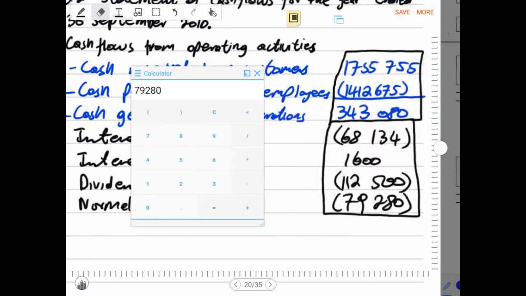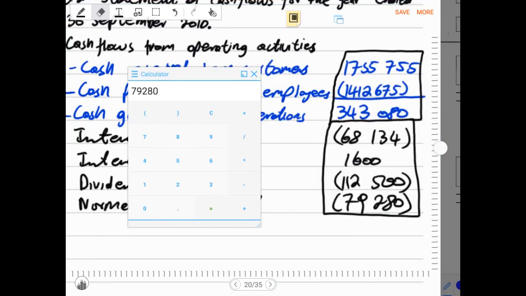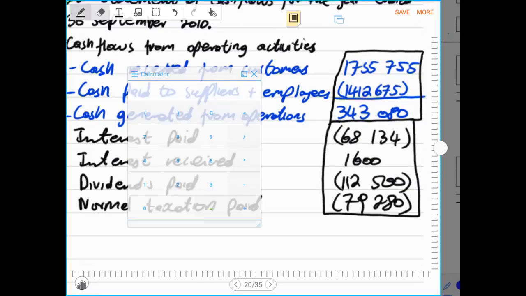So now we'll have to say tax was, let us start with 1,755,755 cash received from customers, okay, let us first add all these. Let us just start here because we already know that this minus this will give us 343,080.